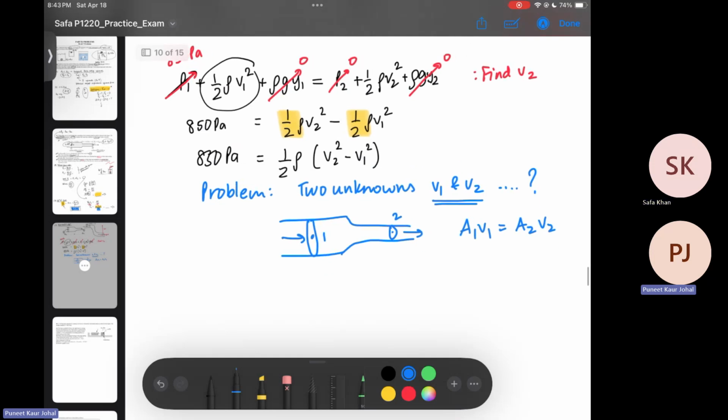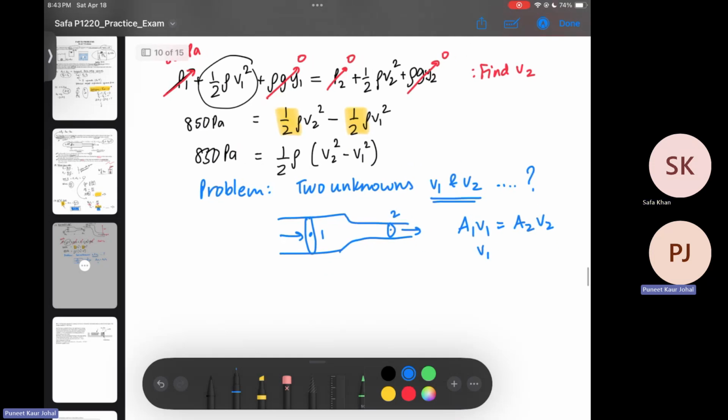So what I'm going to do is try to find V1 in terms of V2. Just by dividing by A1 on both sides, you'll get this. You know the area of 2 because you know the radius. So it'll just be pi r2 squared times V2 over the area of the first one, which is just pi r1 squared, right?